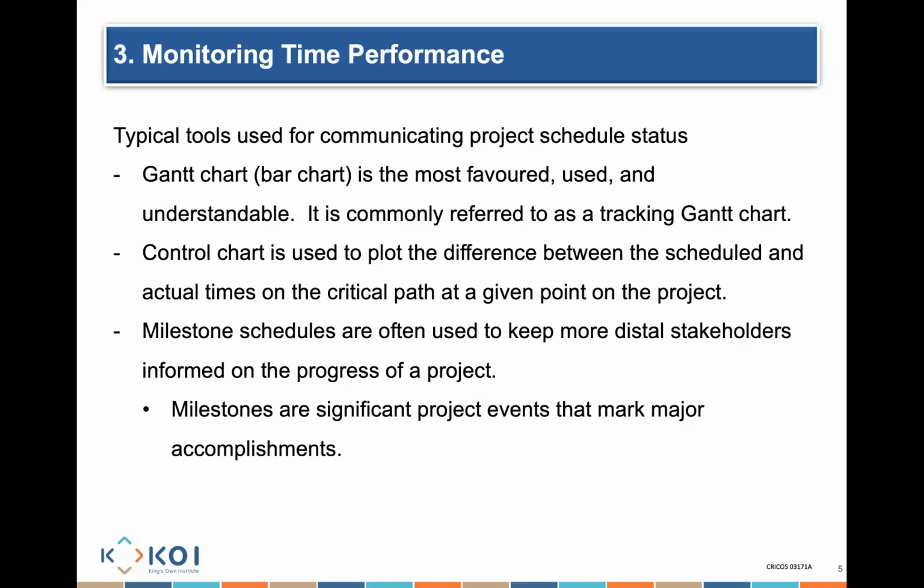There are other ways. There's, for example, a control chart, which plots the difference between the scheduled and actual time. So you might say, all right, something was supposed to finish in day 1, it's finishing in day 3. So you can see straight away on that line how the progress is increasing.